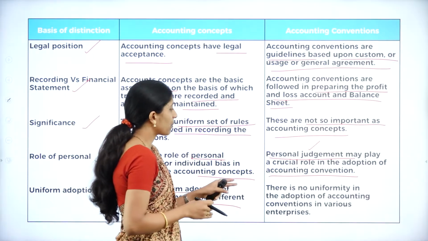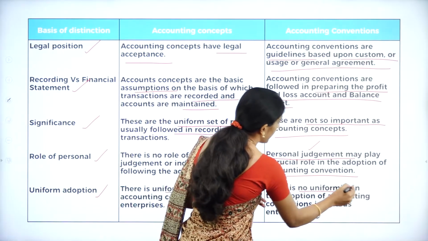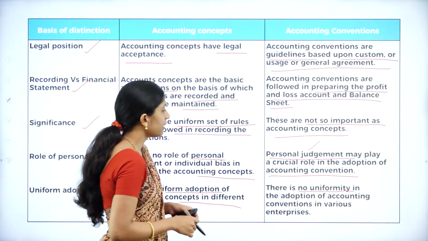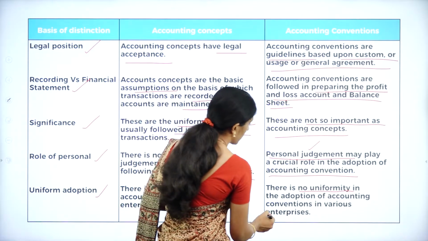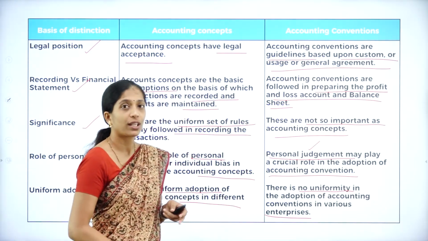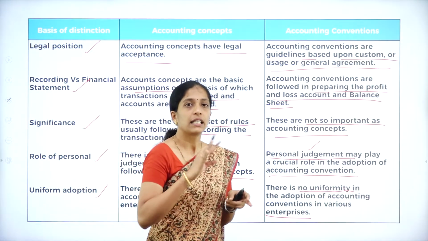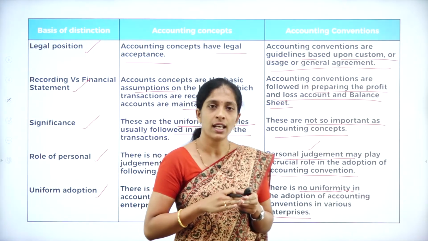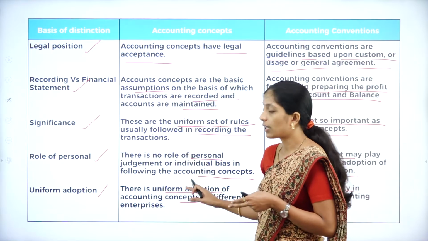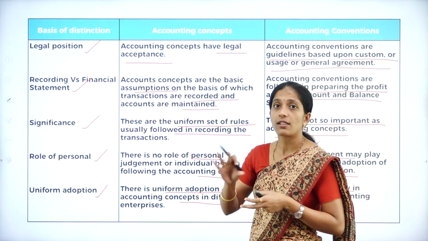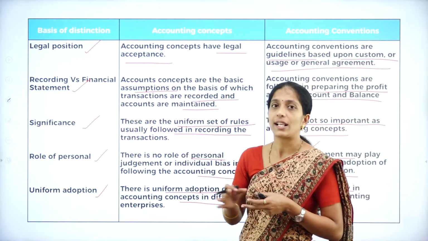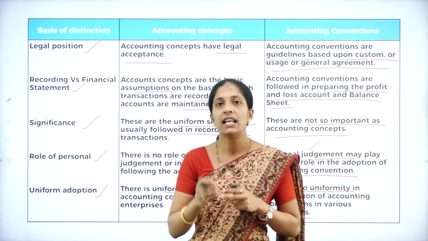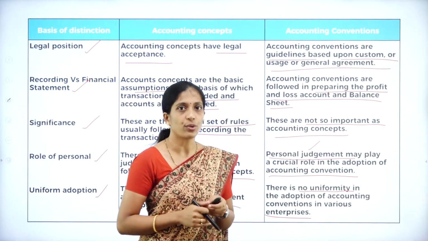But in case of accounting conventions, there is no uniformity in their adoption in various enterprises. It is not necessary that every organization follows a similar type of accounting conventions. But under accounting concepts, they have to follow, so that accounting information can be compared from one organization to another.